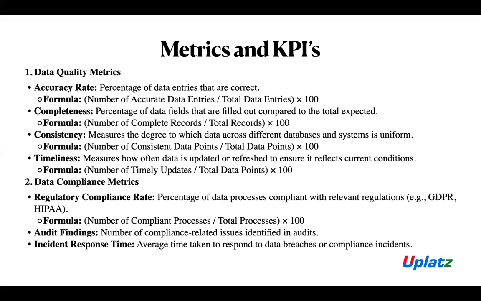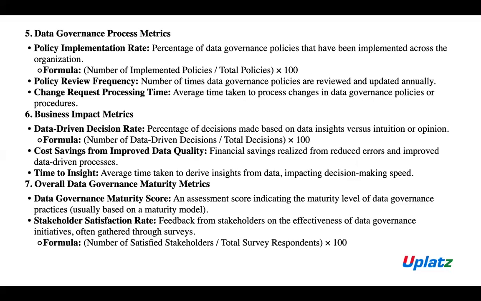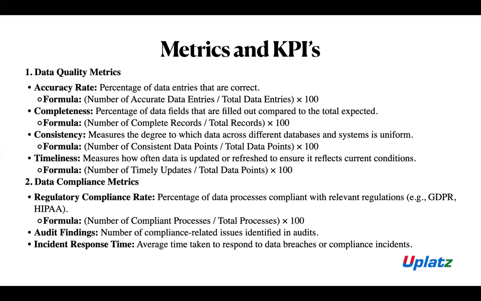The second is data compliance metrics. In this, we have regulatory compliance rate, audit findings, and incident response time. After this, we have data access metrics, data stewardship metrics, data governance process metrics, business impact metrics, and overall data governance maturity metrics.